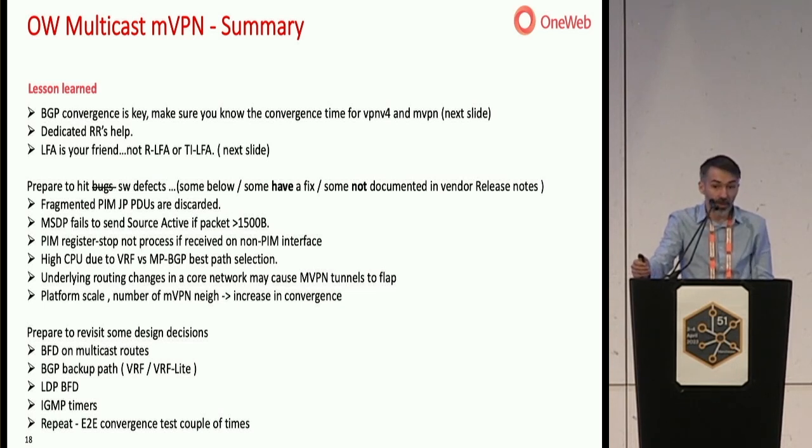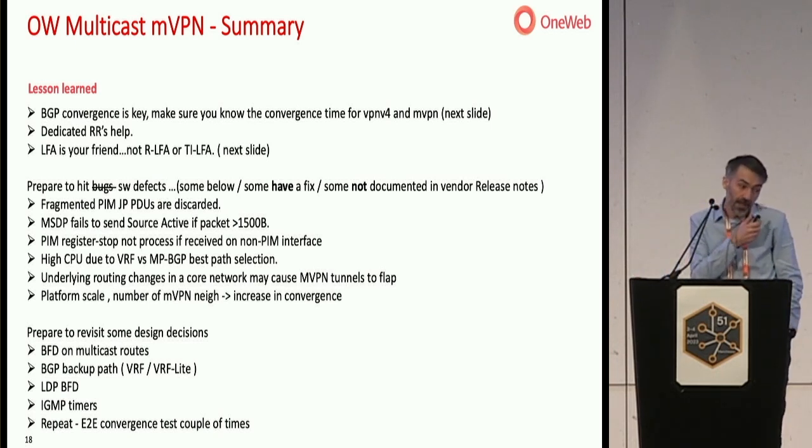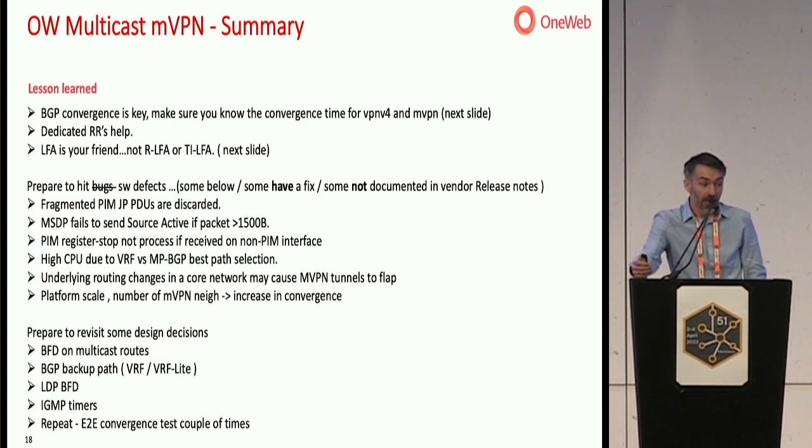We had to make sure BGP backup path is there for our sub-second convergence. We had to enable BFD on LDP and not only on ISIS core interfaces. IGP timers, and most important, we had to redo our end-to-end testing a couple of times. Every change in the design requires an end-to-end testing, making sure you are not introducing new bugs or new problems.